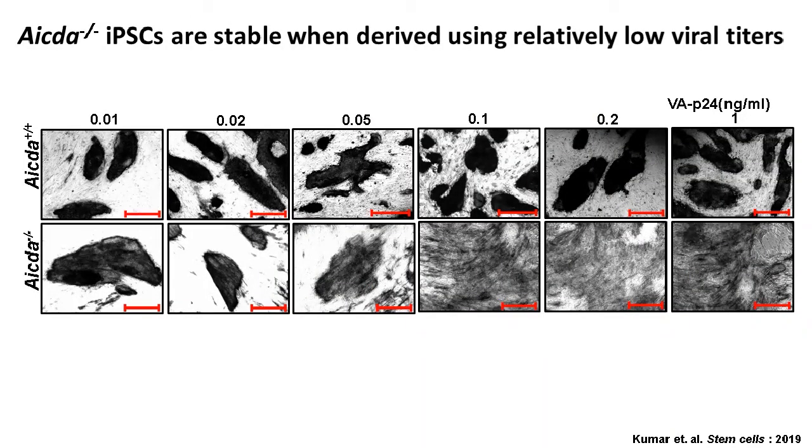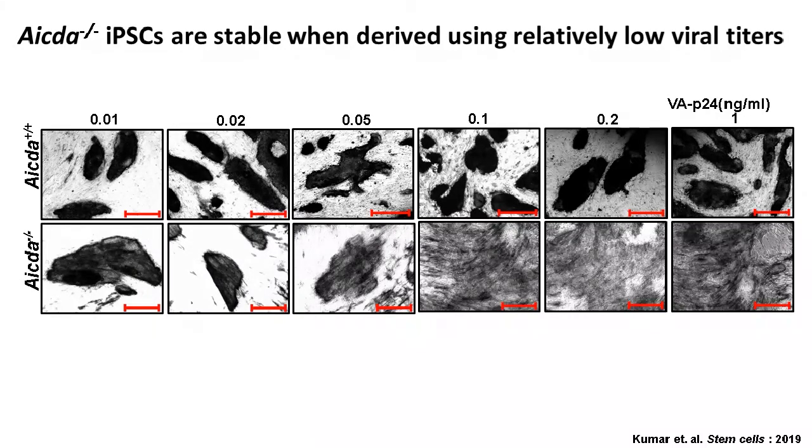Also, we have seen that when we vary the levels of transcription factors, for example, when I use lower levels of the 4 Yamanaka transcription factors for reprogramming, AID knockout cells can be stabilized.